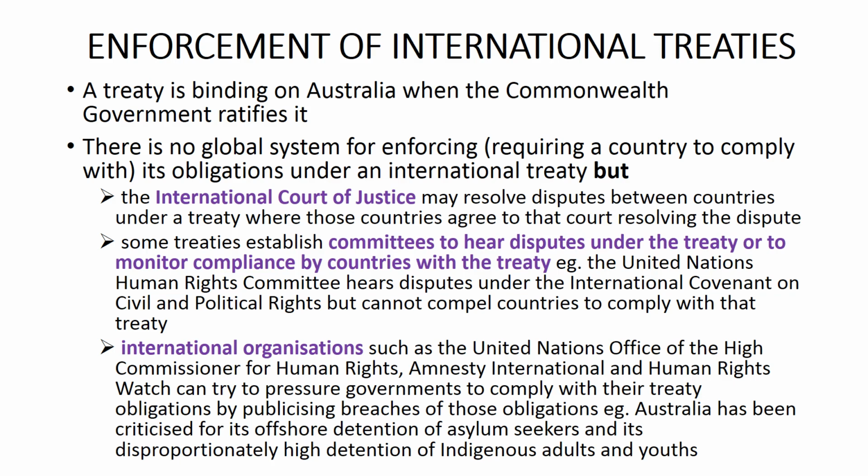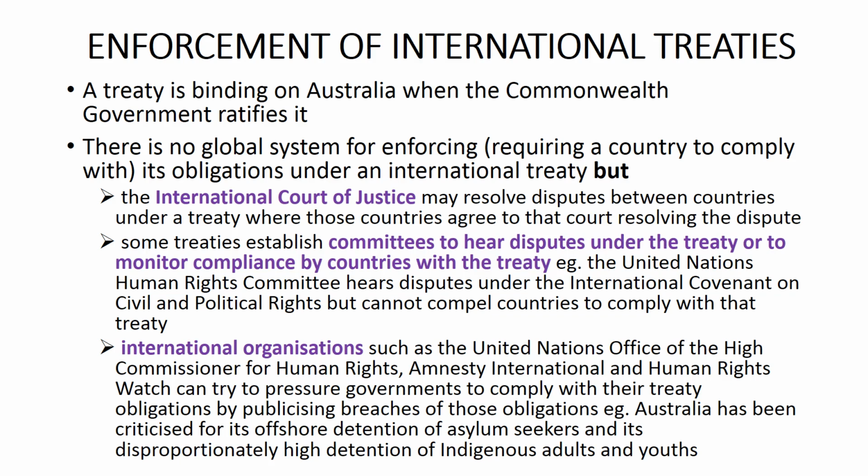The second mechanism is that some treaties establish committees to hear disputes arising under the treaty or to monitor compliance by countries with the treaty. So, for example, we have the United Nations Human Rights Committee, which has been set up to hear disputes under the International Covenant on Civil and Political Rights.